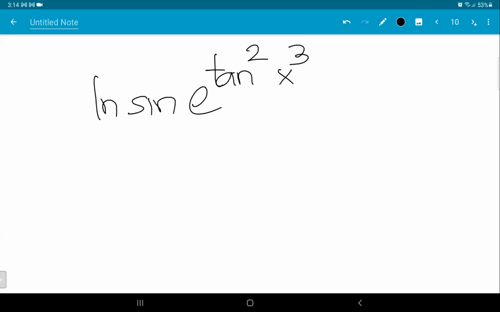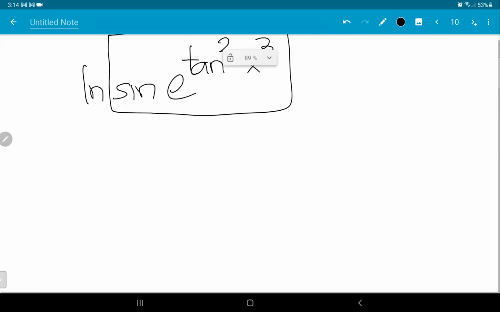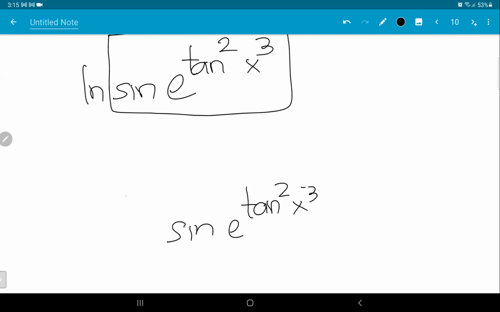So start with, since we have lack of time, ln is the outermost function. So you have to take the reciprocal of whatever's inside ln. There. And then you differentiate this.